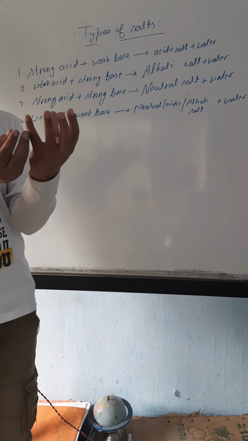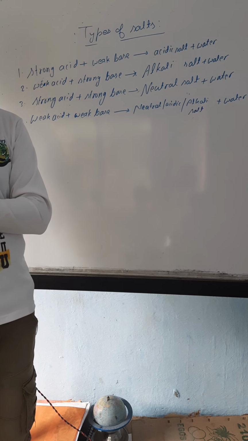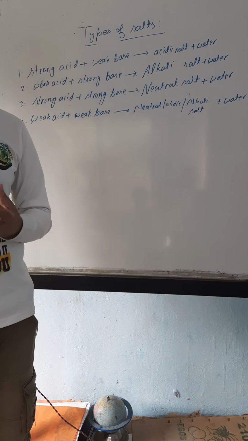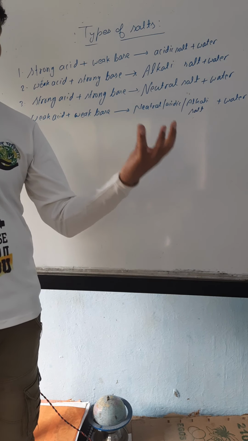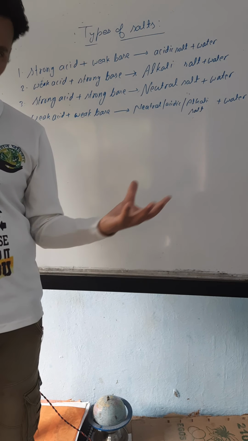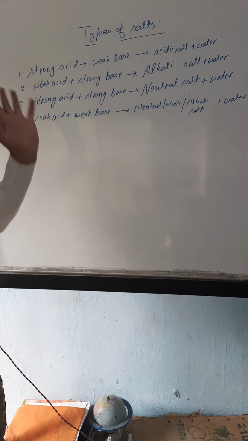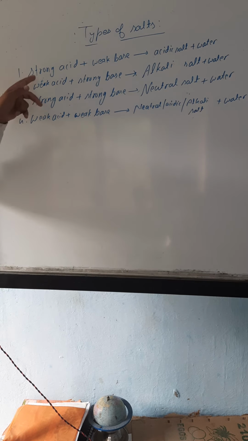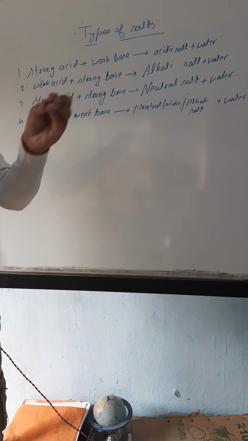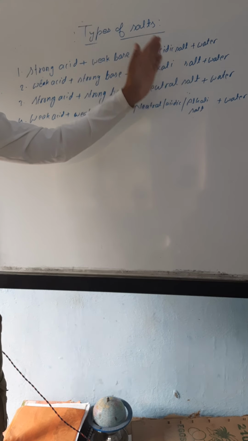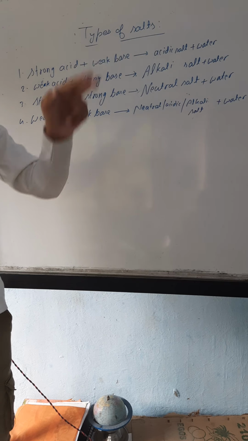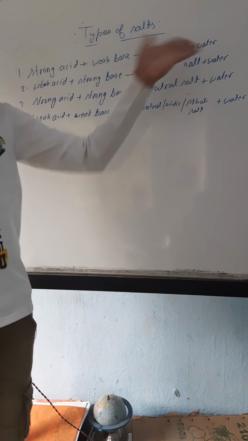If both react, which sort of salt are you going to get? You are going to get an acidic salt, because the number of H positive ions is more there. So the resulting salt will be an acidic salt, and water will be the byproduct.